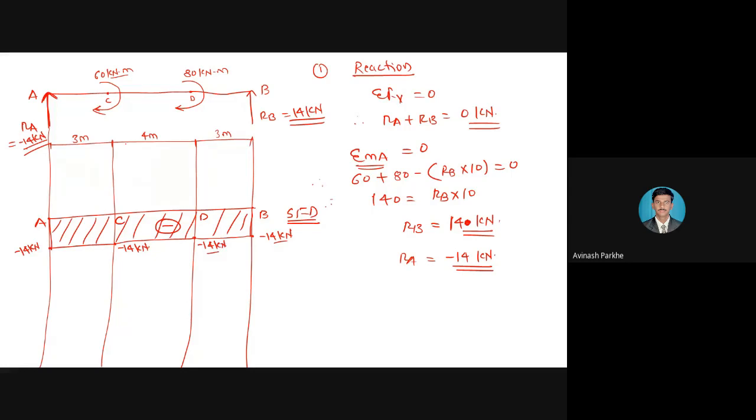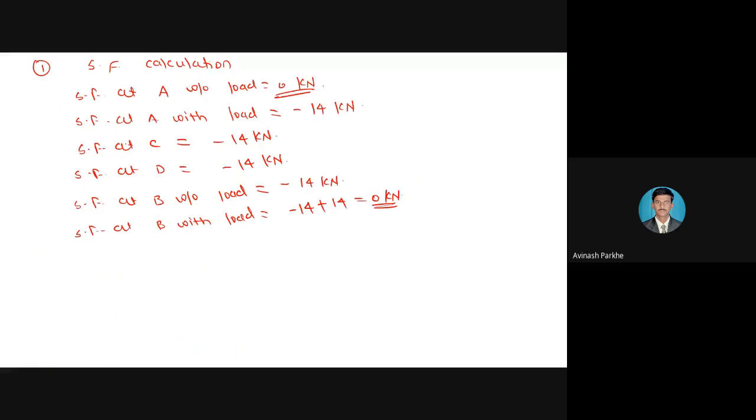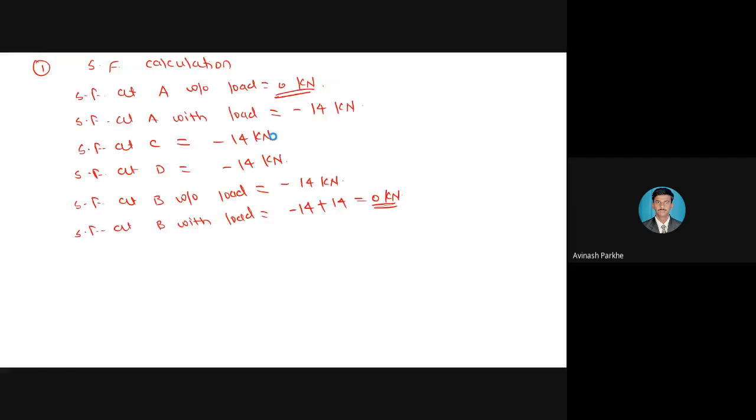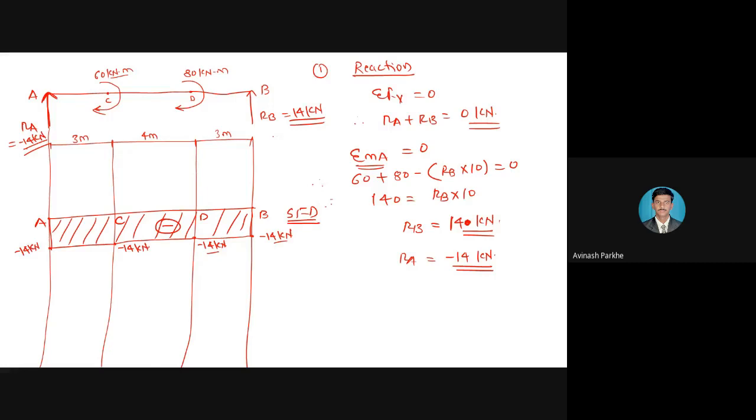Similarly, if your beam is subjected to the couple, in the shear force calculation, the effect of couple is totally neglected. But in BM calculation, the effect of couple we have to take in the form of without couple and with couple. Now, bending moment at point C without couple. How many forces are present to the left side of the point C? One force is present. Is it rotating clockwise or anti-clockwise?